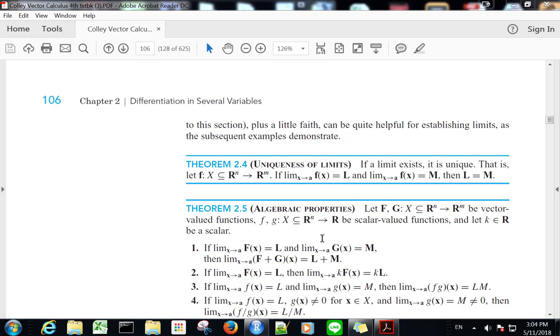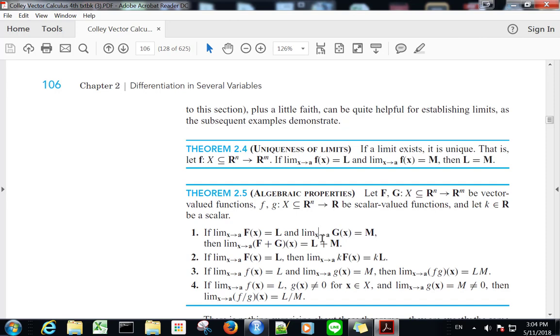And the next thing are these properties, which can help quite a bit in finding limits. Let's suppose that we have two functions, capital F and capital G, both vector valued, going from R^n to R^m. And we have small f and small g, which are scalar valued, going from R^n to R, and let k be a scalar.